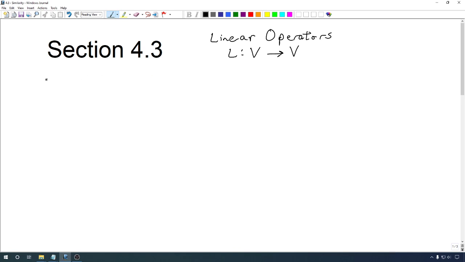So let's take an example. We'll just look at a linear map from R2 to R2. We'll say this is the linear map that takes in a vector x, y and returns the vector 5y minus 2x, 3x minus 2y.